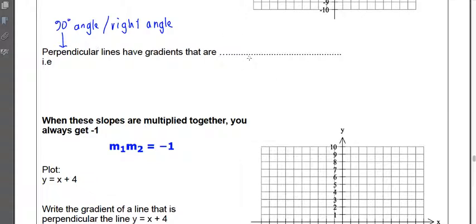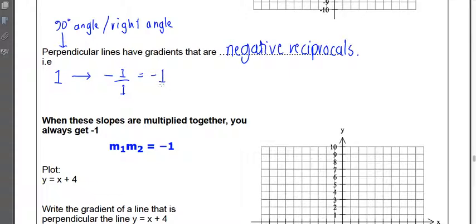Now, the thing about the gradients of these two lines, if you explore them, is you find that these are what we call negative reciprocals of one another. So basically what this means is if I have a gradient of 1, the negative reciprocal would be negative 1 over 1, which of course we simply write as negative 1.